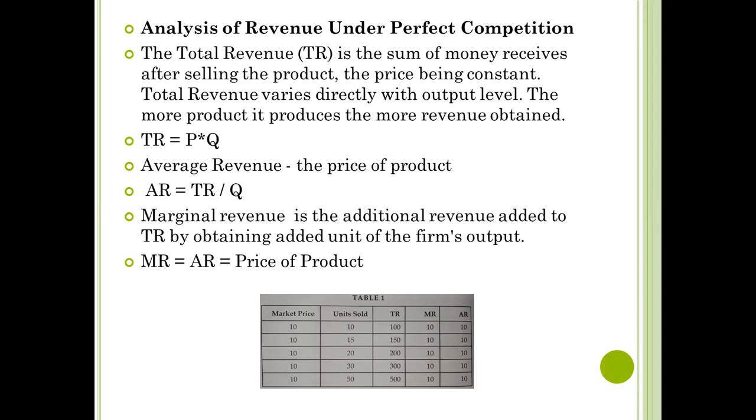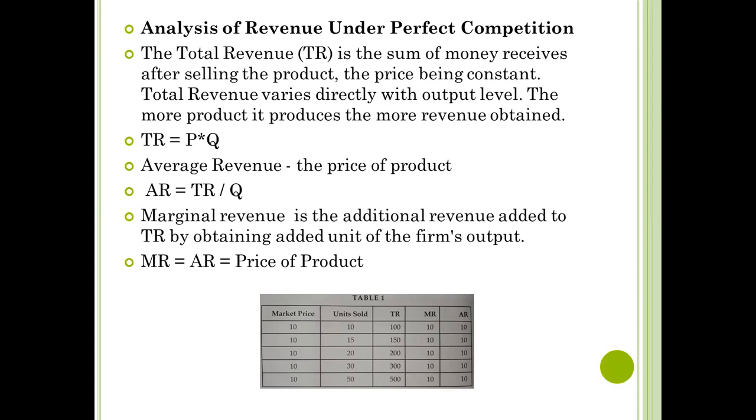So in order for us to get our marginal revenue, we just add our additional revenue to our total revenue. As we can see in the table shown in our presentation or in your handouts or PDF file, we have our market price, the units sold, and our total revenue.